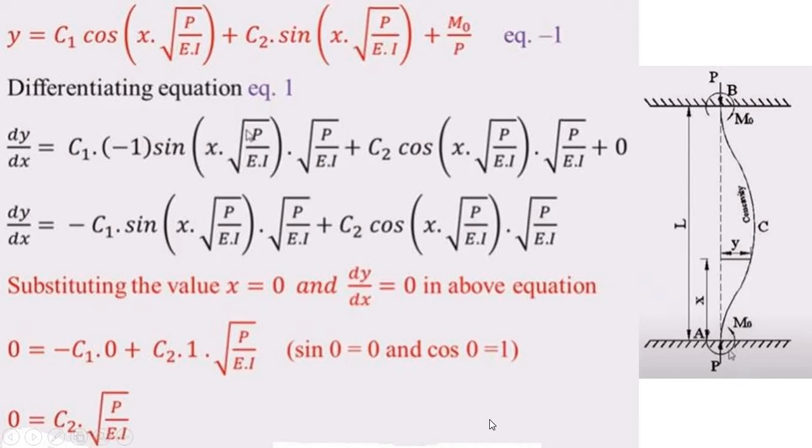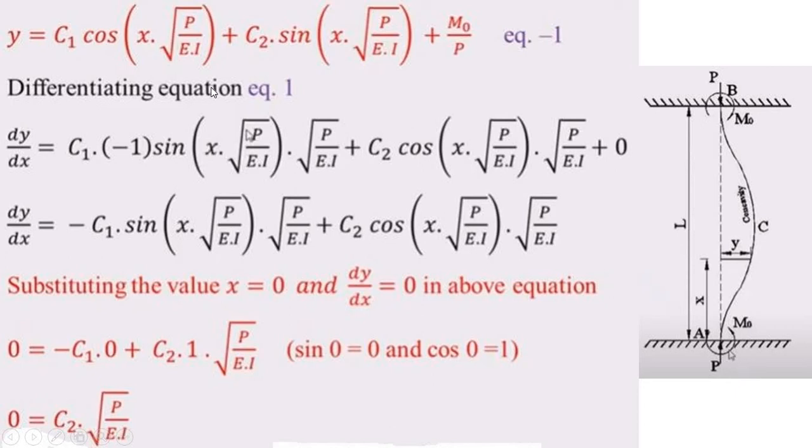Now we have y equal to C1 cos of x into under root P upon EI plus C2 into sine of x into under root P upon EI plus m0 by P, taken as equation number 1.